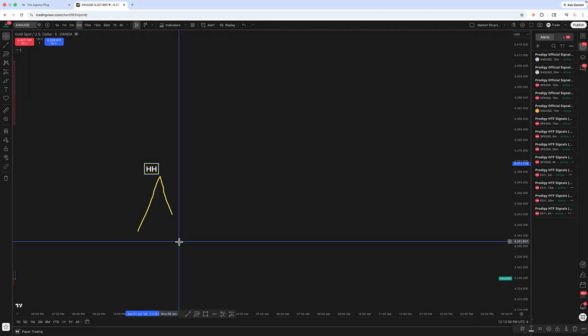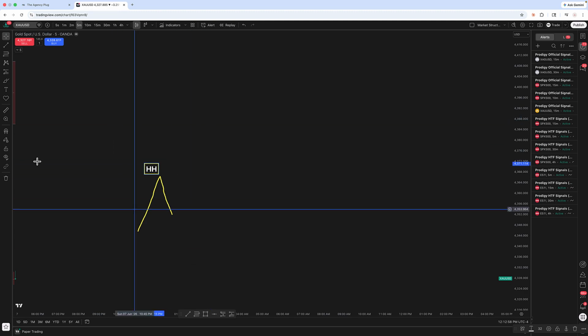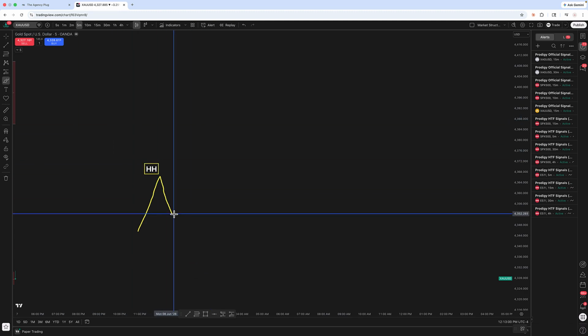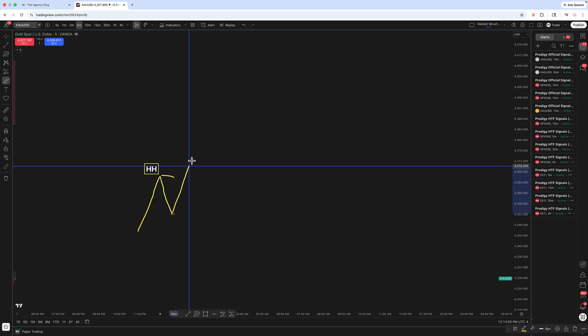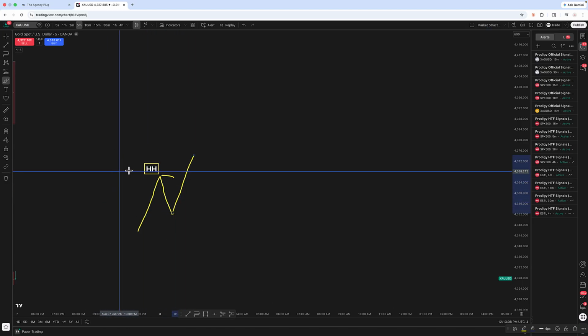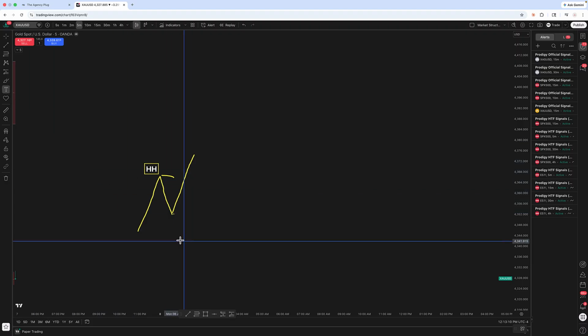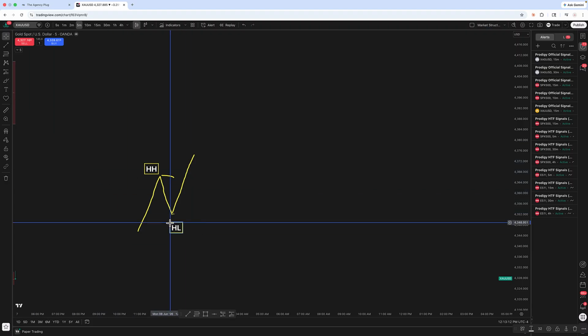Retrace means it's going the opposite direction of the trend. So if we're in an uptrend, then it's retracing backwards, going down. Then it has to go up and break this area. Once it breaks this area, this is now an official higher high, and this is now an official higher low.